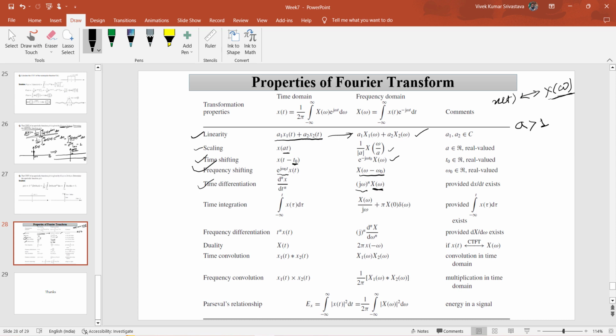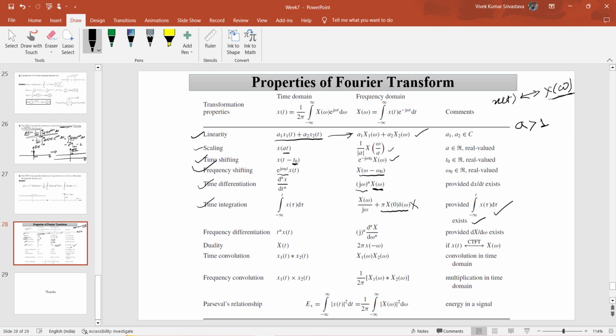In case of time integration, if you are integrating this signal from minus infinity to t, you will observe X of omega by j omega plus pi X of 0 delta of omega, provided that this integral exists. If this condition is not satisfied, then we cannot use this relation.